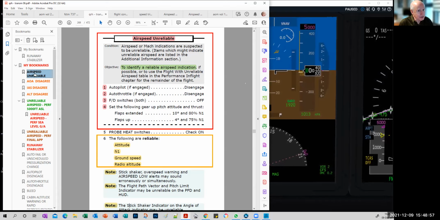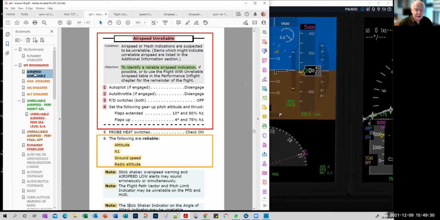Remember, as we discussed in the previous video with respect to numerically listed checklist items, they can all be done together. So the autopilot disengage and auto throttle disengage are simultaneous. Pilot flying calls for flight director switches off. And the pilot flying will set thrust and adjust pitch depending on flaps extended or flaps up.